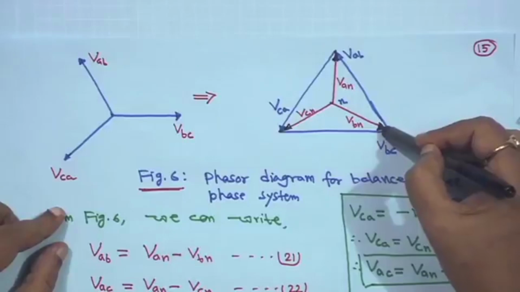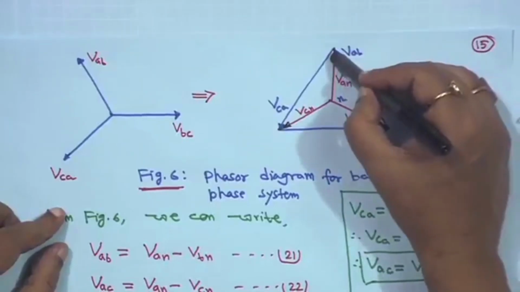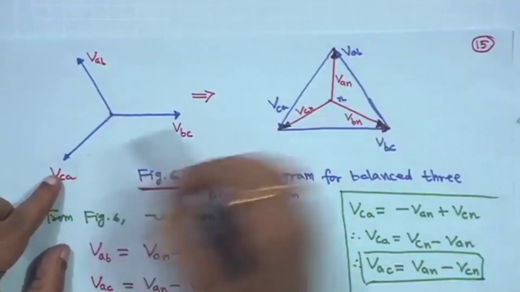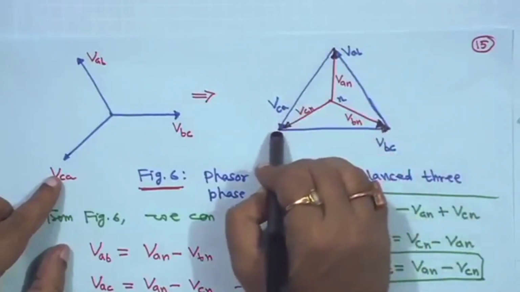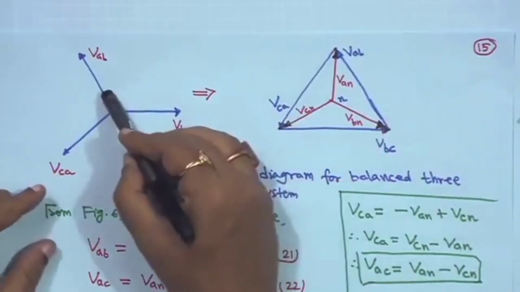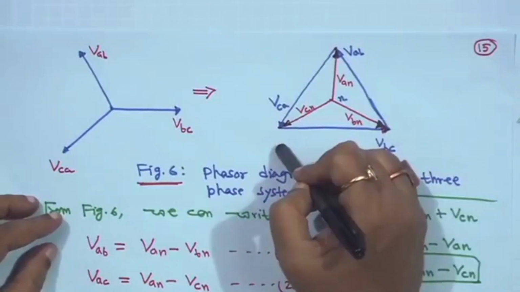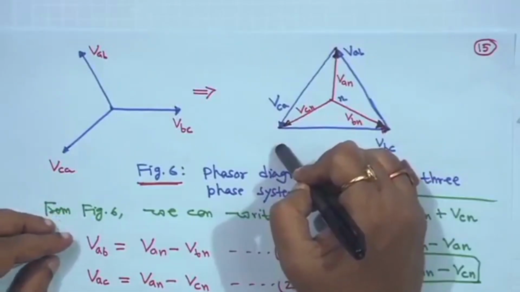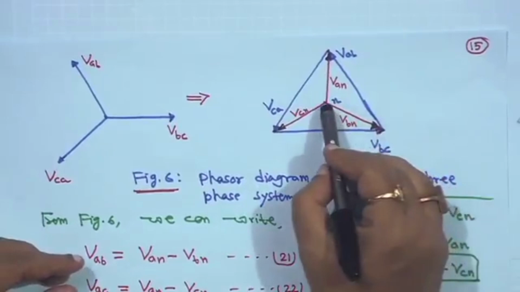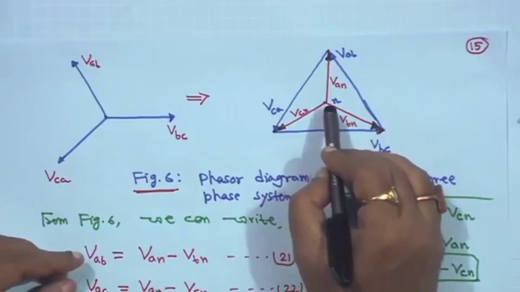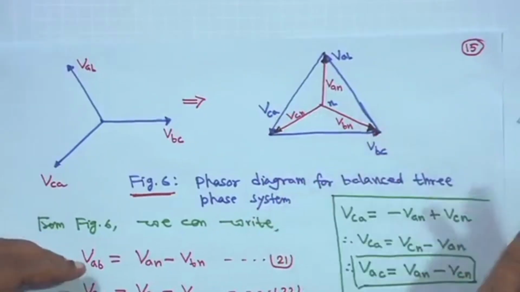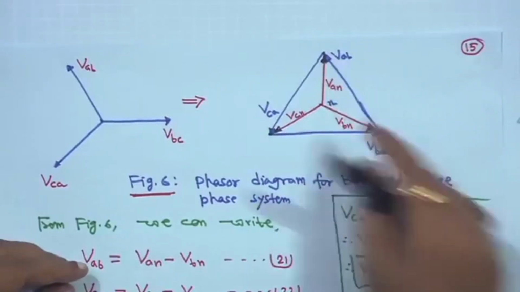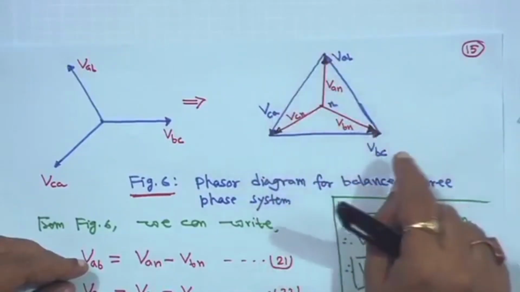So, from here I am drawing the triangle, this is V_AB, and this is V_CA, with the arrow downwards. That means this phasor you convert to a triangle. This is a balanced system, not unbalanced, and the neutral will be here, right. So, this tip is a, and this is V_BC.